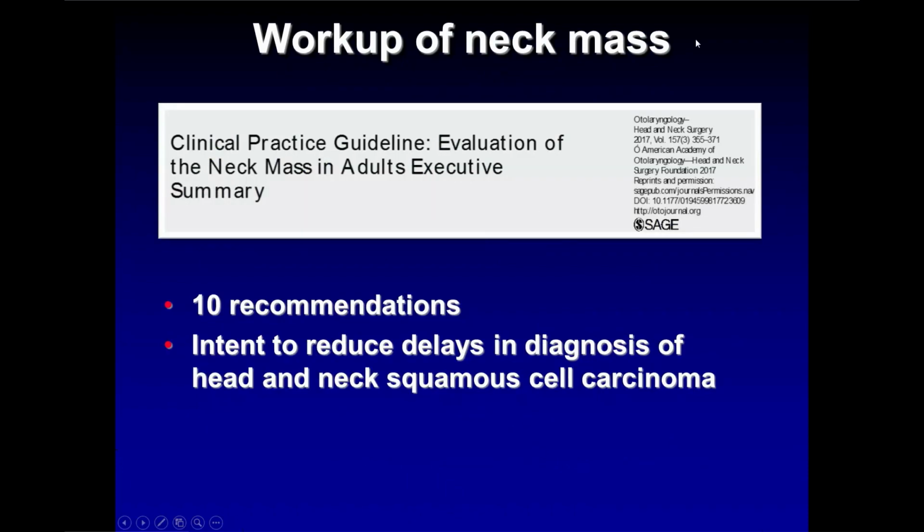So let's look at the overall workup of a neck mass in terms of how to proceed from the standpoint of algorithm and really evaluate it well. So this was a guideline that was put out in 2017, and we'll go through it step by step. But the intent is to reduce delays in the diagnosis of head and neck squamous cell carcinoma, and it provides overall 10 recommendations.